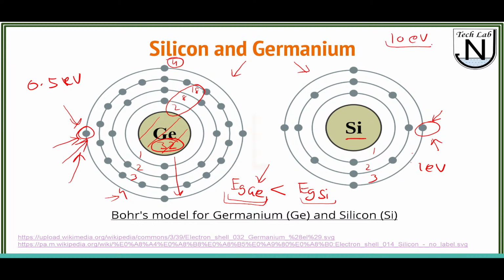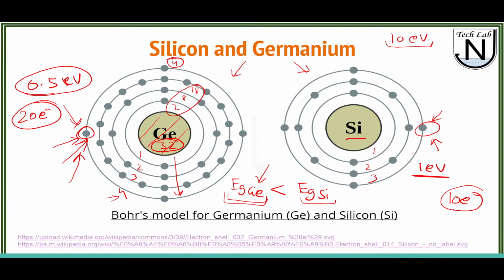With 10 electron volts and 0.5 electron volt needed per electron, 20 electrons will be able to get detached, whereas for silicon, with 1 electron volt required per electron, only 10 electrons will be able to get detached, right?